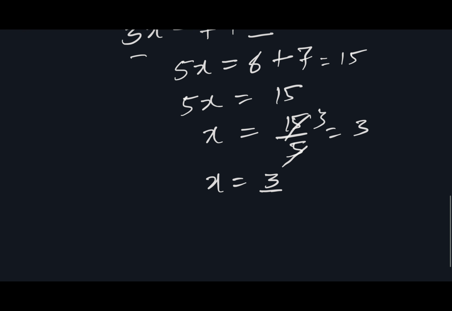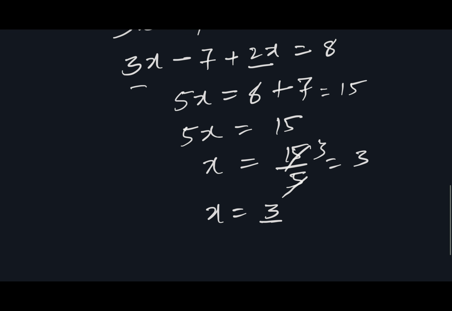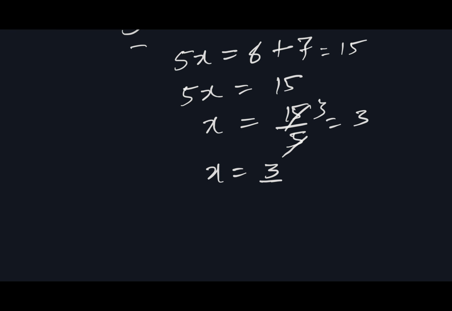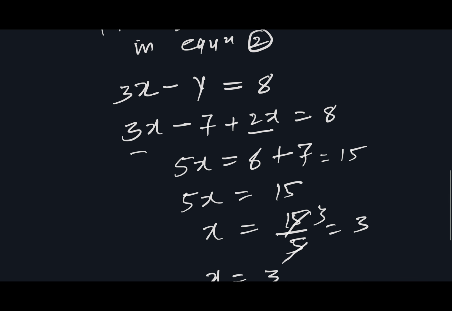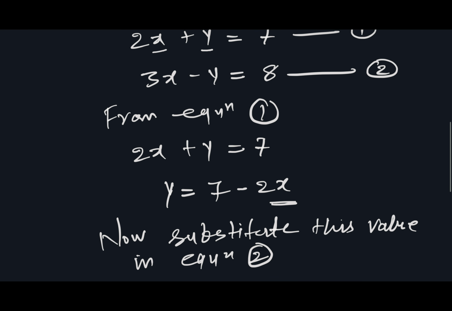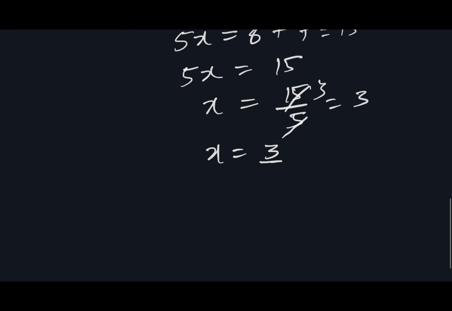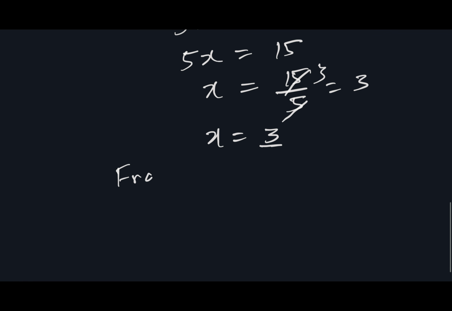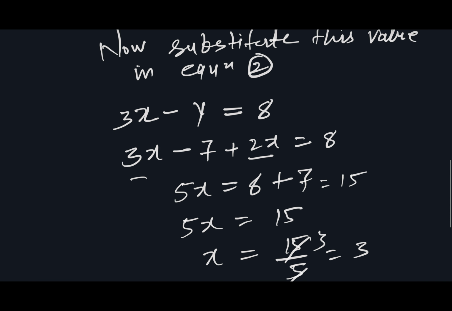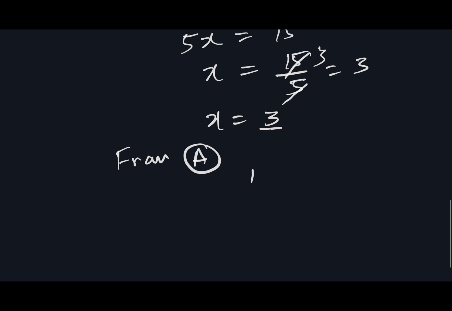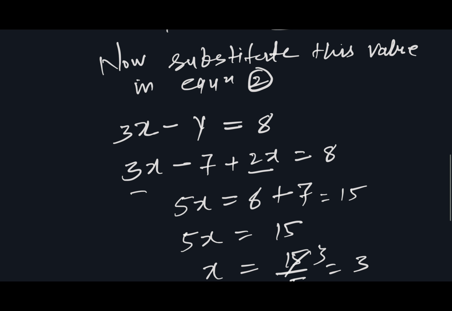Now we have the value of x, which is 3. To find the value of y, we can put this value in any of these equations. Let's call this one A. We know that from A, y is equal to 7 minus 2x.